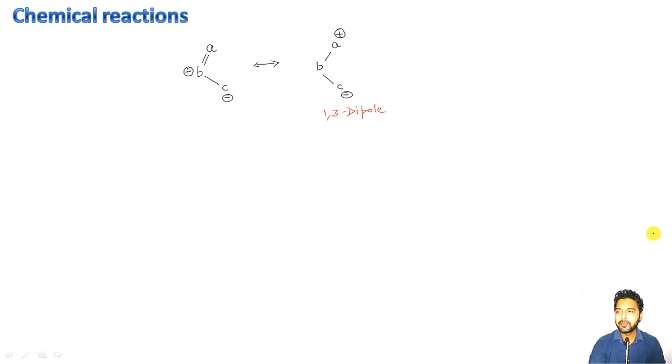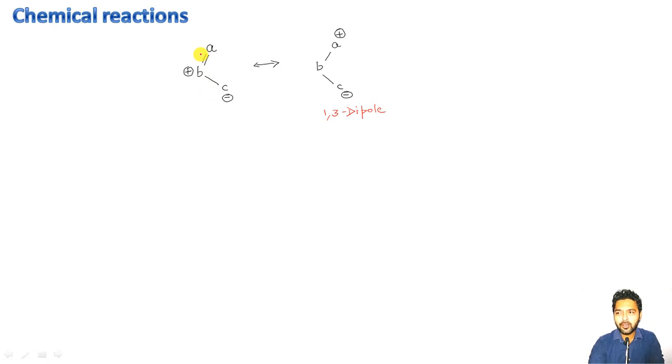Before starting, I want to tell you that whatever 1,3 dipoles we are talking about, they can always react with dipolarophile molecules, giving 1,3 cycloaddition types of reactions, right? So you can see here this is a 1,3 dipole molecule. It can be represented in this way or in this type of resonating structure.